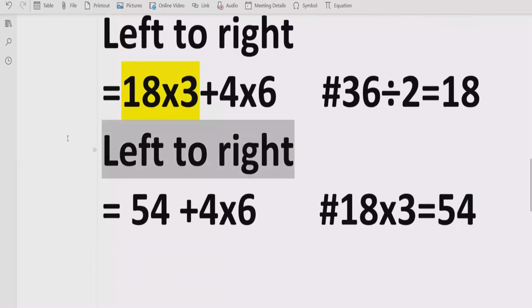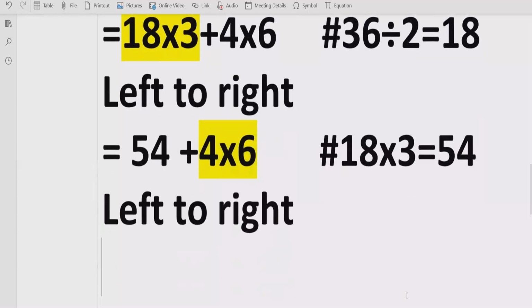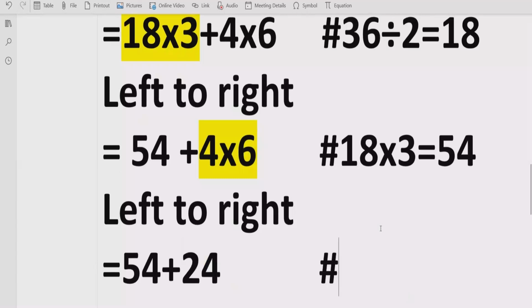Now again we go left to right and find multiplication and division. Now we have this multiplication: 4 multiplied by 6 equals 24. And here we give the reference: 4 multiplied by 6 equals 24.